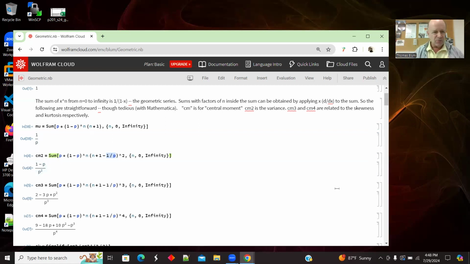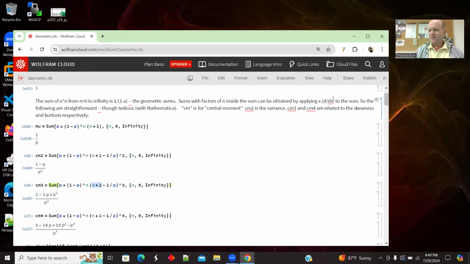People will often stop there, but I decided to push it further and get the third and fourth central moments, which are related to the ideas of skewness and kurtosis. If I take my quantity n plus 1, subtract my mean, and take the third power, that is the third central moment, which I called CM3.